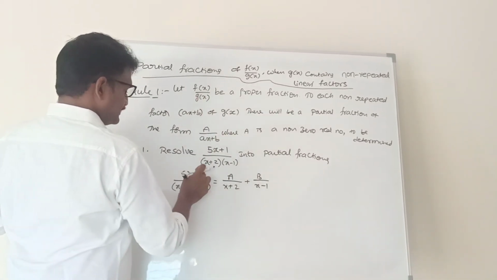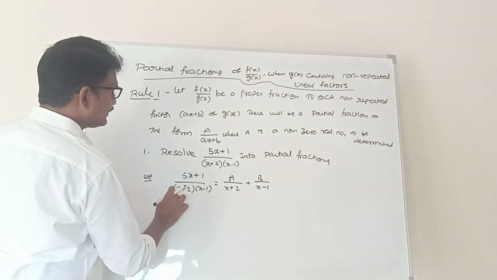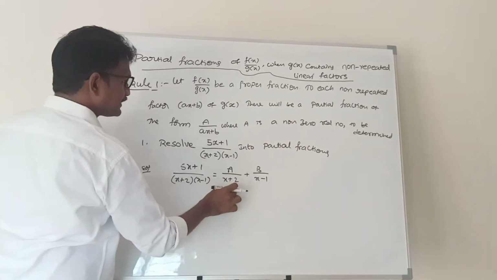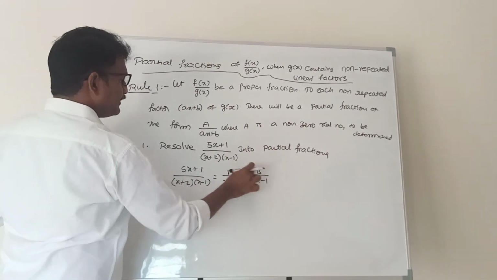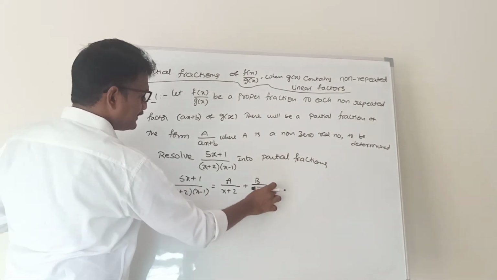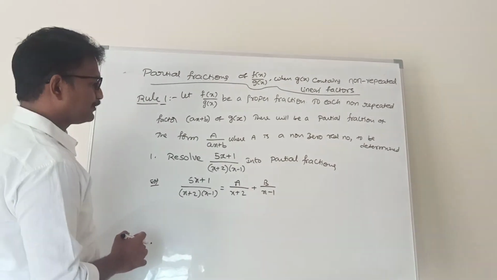This is for a proper fraction f of x, each non-repeated factor. Here factors of g of x are not repeated, so there will be a partial fraction of the form A by ax plus b, next B by cx plus d, where A is a non-zero real number to be determined.